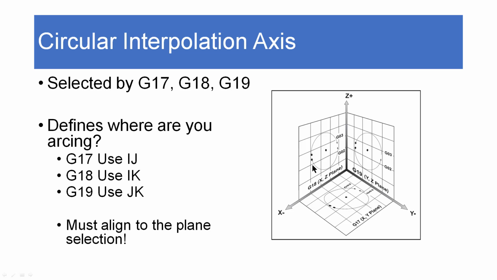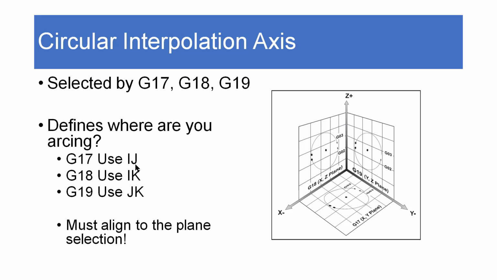Now, if I wanted to arc in the XZ plane, I'd have to set G18. This is modal. If I wanted to do the YZ plane, I'd have to set G19. It's modal. So what we typically do is set for XY plane arcing when we power up the machine, and then we are using IJ for our arcing paths.